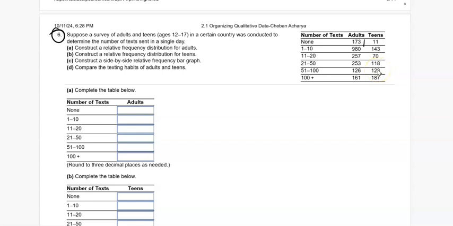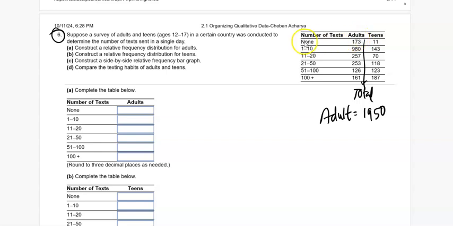If you add all the totals here for adults, 173, 980, 257, 253, 126, 161, you'll get the total number of adults in the survey, which is 1950.